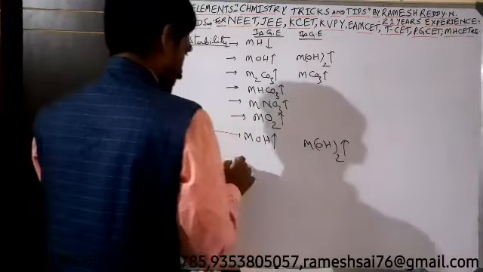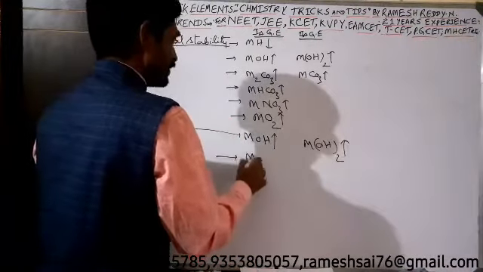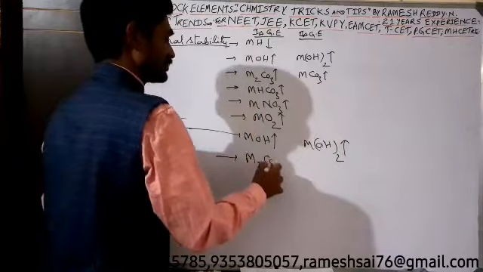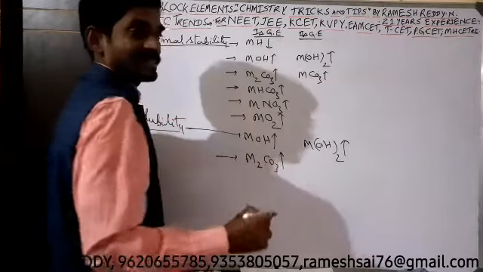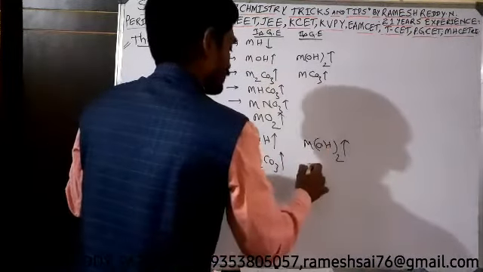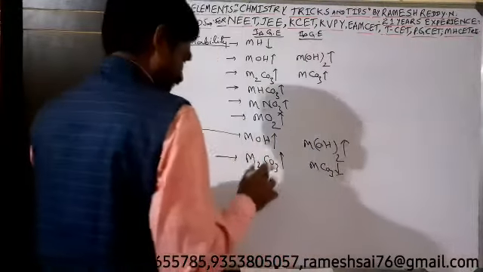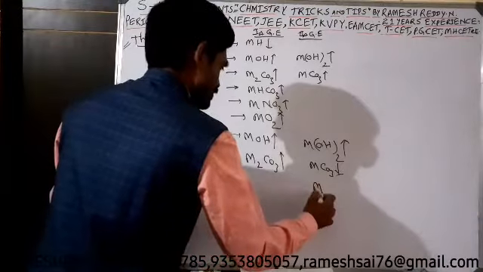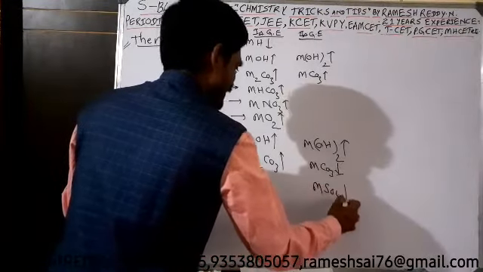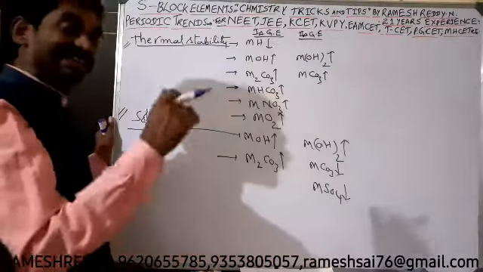Next, solubility of metal carbonates M2CO3 increases, but for second A group element carbonates it progressively decreases. Solubility of second A group element sulfates decreases.